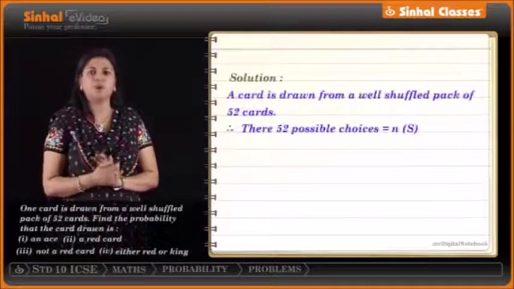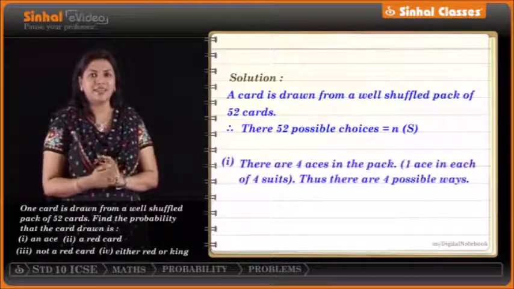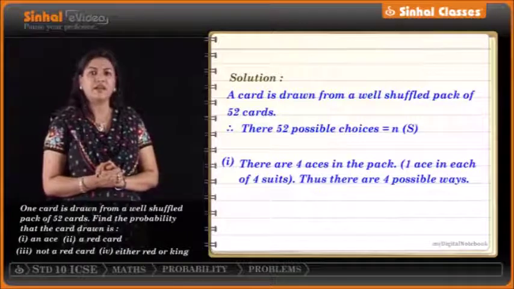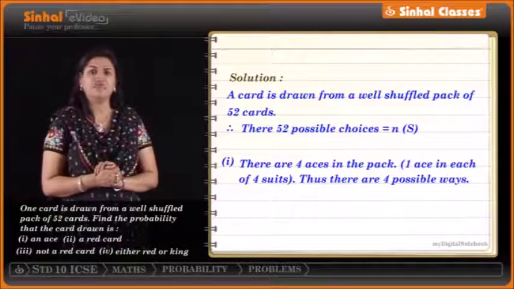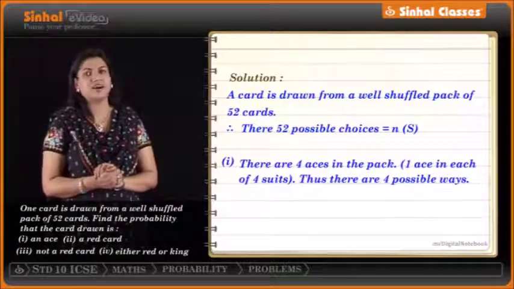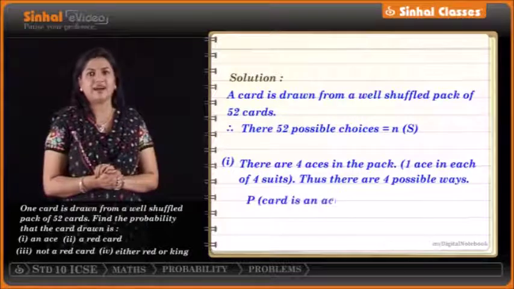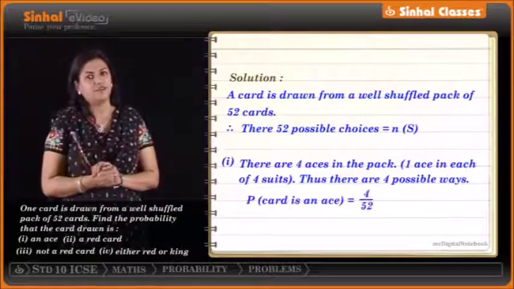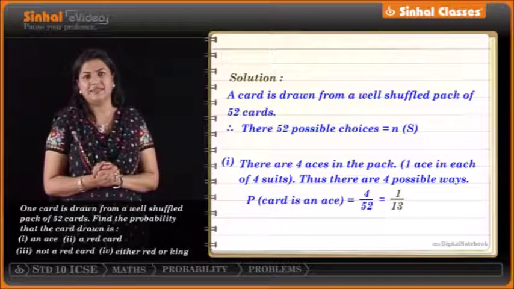We want the probability of getting an ace card. Now in this case, there are 4 aces in each pack, that is 1 ace of each suite. Thus, there are 4 possible ways. So, the probability of getting an ace card is 4 upon 52. We simplify this to get 1 upon 13.